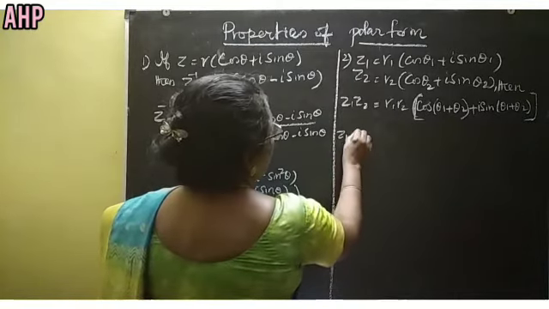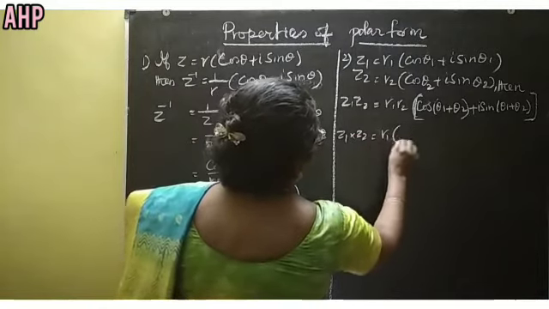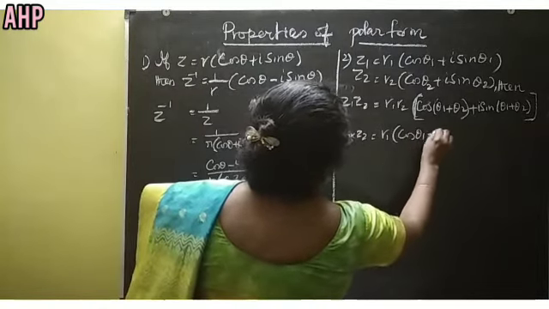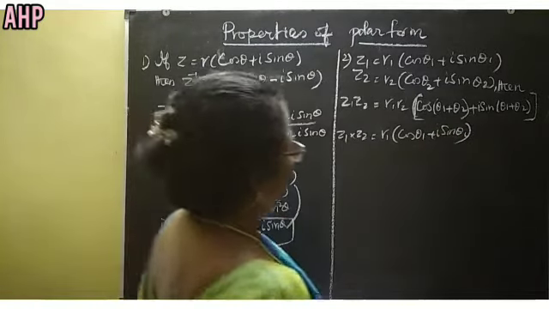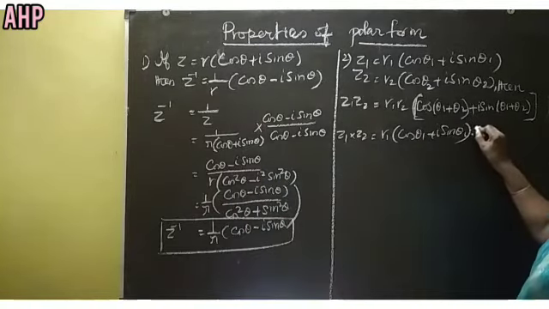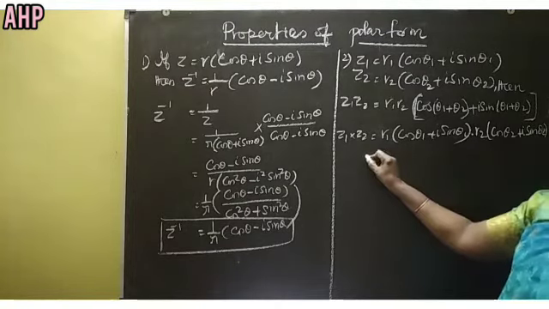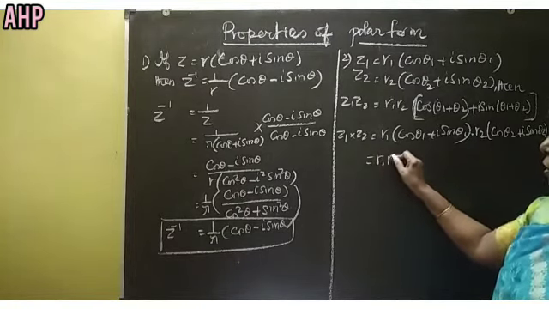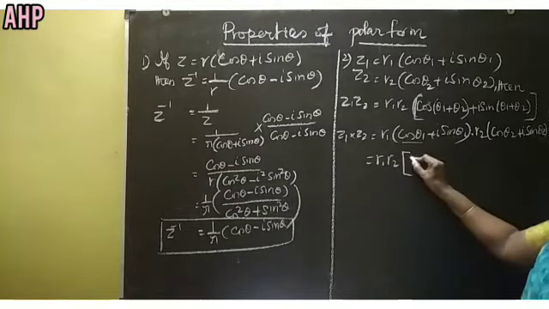So z1 into z2 is equal to r1 cos theta 1 plus i sin theta 1 into r2 into cos theta 2 plus i sin theta 2. Now r1 into r2 is constant. Now we are going to multiply cos theta 1 into cos theta 2.